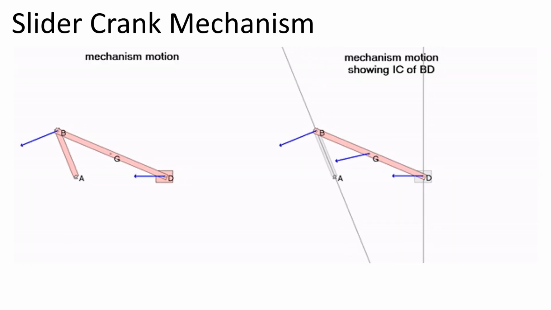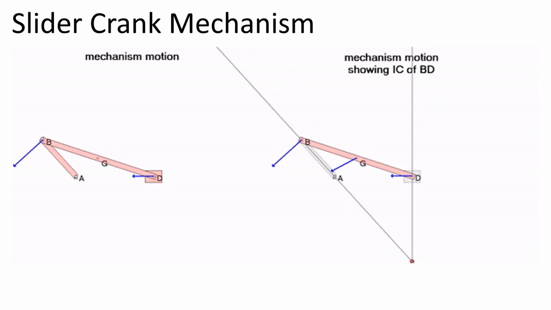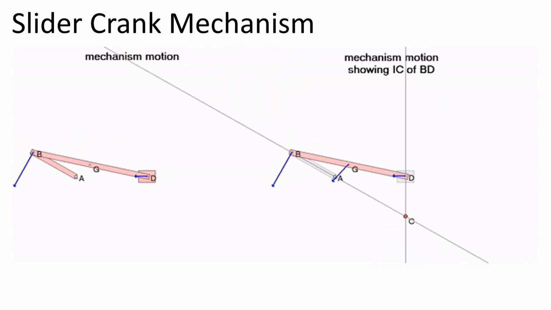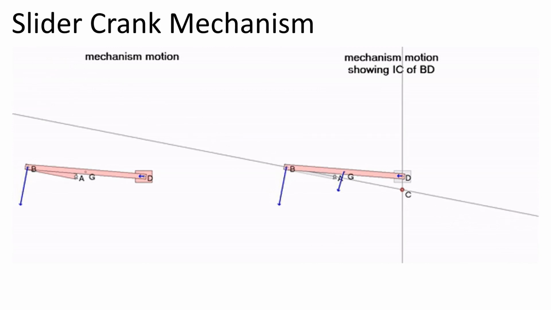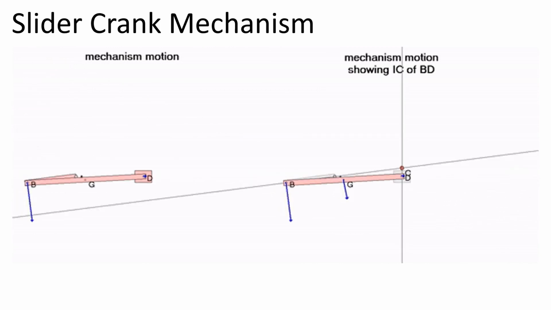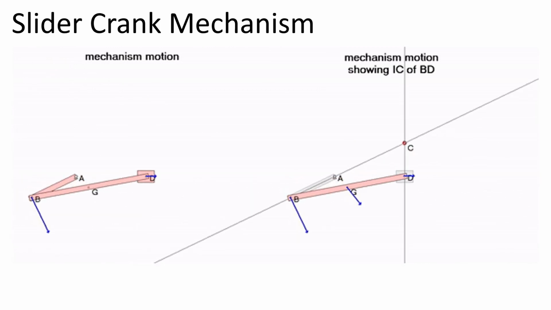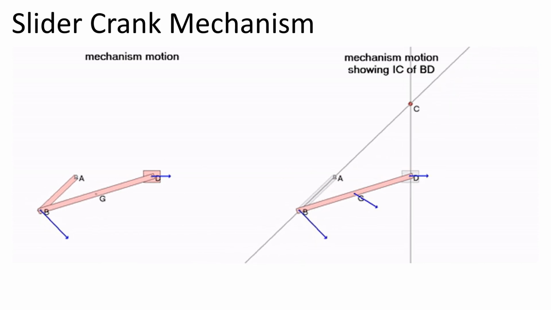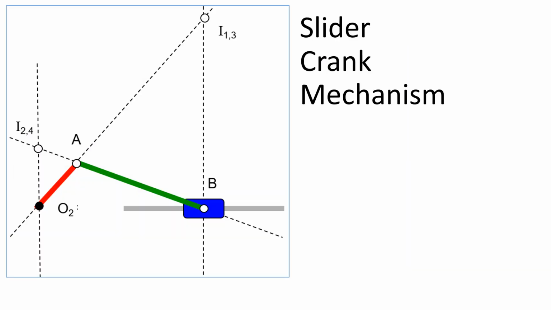Slider crank mechanism. This animation shows movement of the instantaneous center of the connecting rod, that is link BD. In this figure you can notice 5 instantaneous centers.